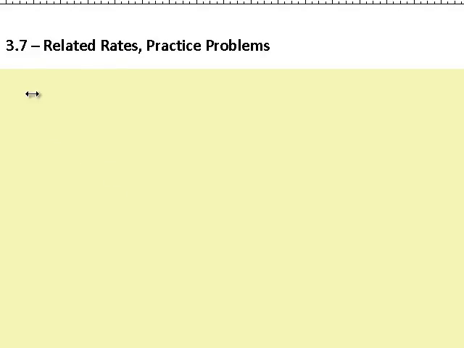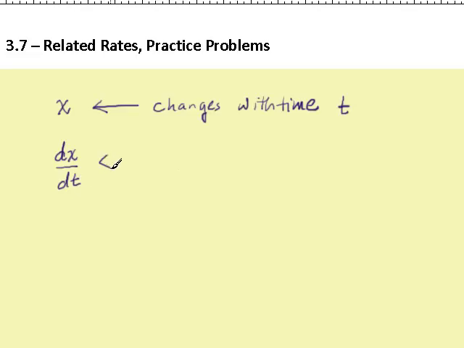In this video, we're going to practice some related rates problems. Let's suppose that x is a variable and x changes with time. So x changes with time t, and the rate at which x changes is dx/dt, the derivative.